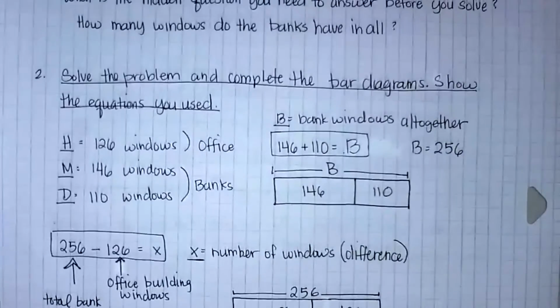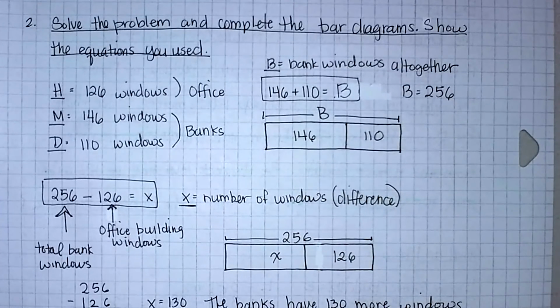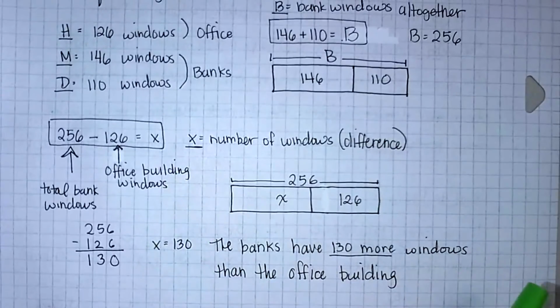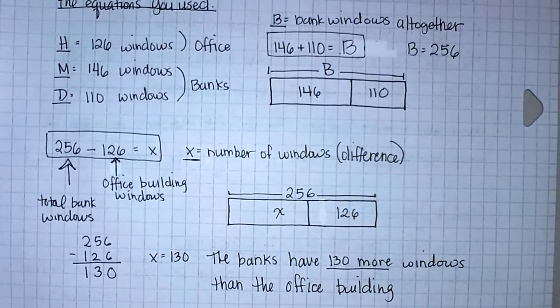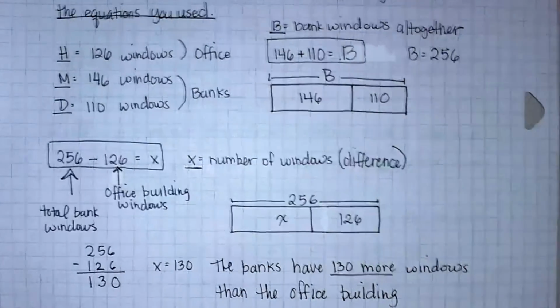Now, I know it looks like a lot of work, but when you outline and you lay out all of the information that you have, you make all of your bar diagrams, you show all of your equations, and you're leaving space in between so your work is not all crowded, it makes solving a lot easier, and it helps you make fewer mistakes, because you're laying out everything that you need to know, everything that you do know, everything that you need to find out.